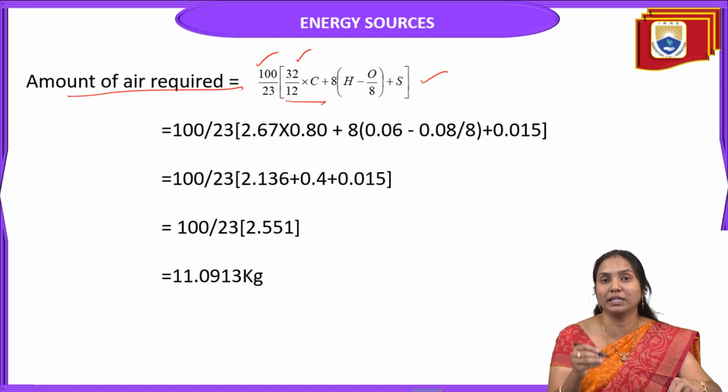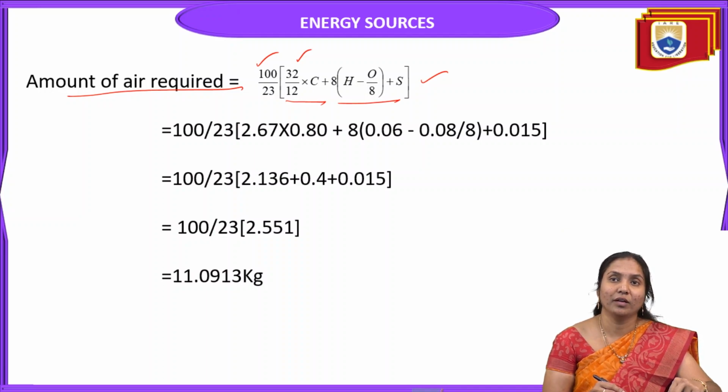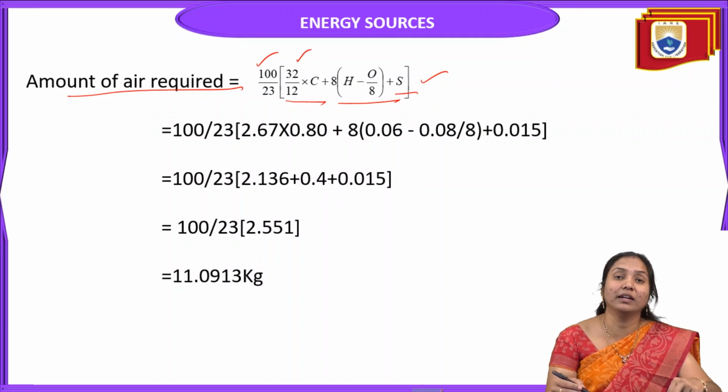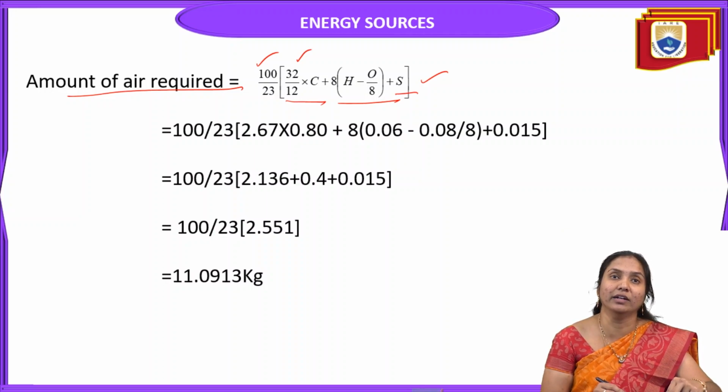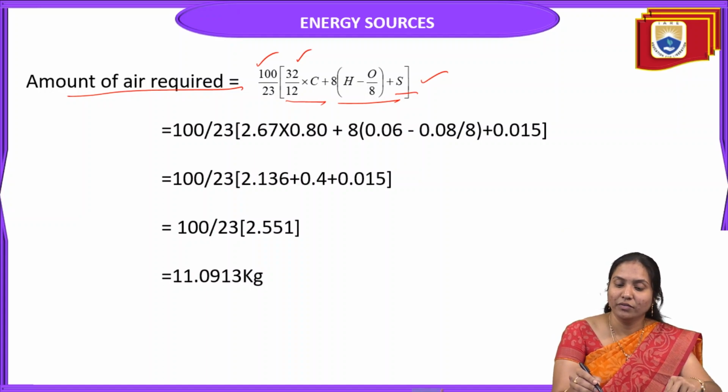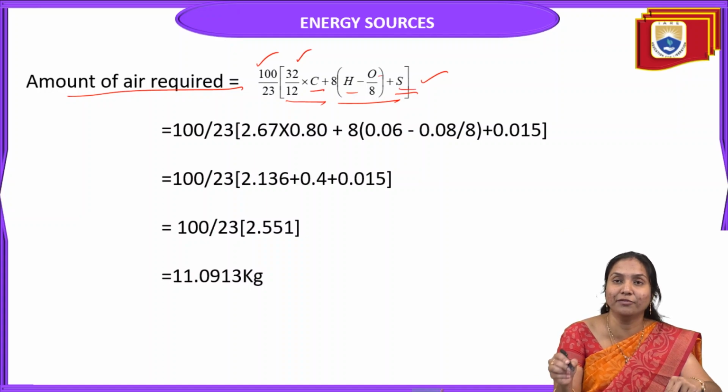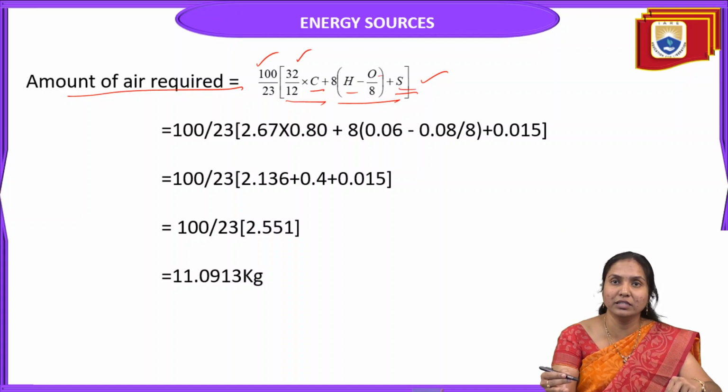If hydrogen is present, we calculate 8 into H minus O by 8, plus sulfur. By using this formula, we can calculate how much amount of air is required for complete combustion of 1 kg of fuel. Here we can substitute the carbon, hydrogen, oxygen and sulfur values in this formula.